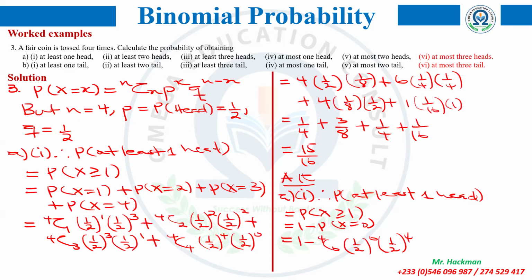When you take the opposite direction, remember it was P0 plus P1 plus P2 plus P3 plus P4 is equal to 1.